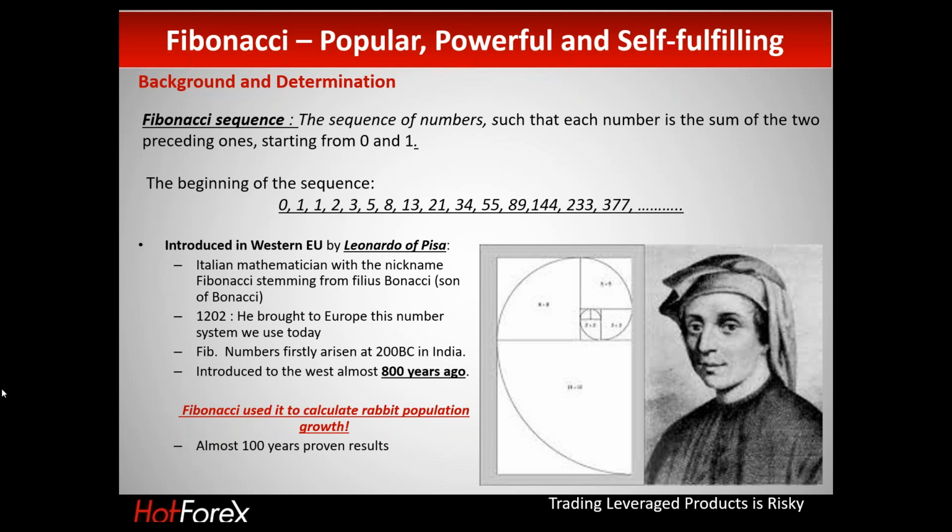Rabbits never die, and a mating pair always produces one new pair every month. So this is how we initially see the Fibonacci cycle being published and appearing for the very first time, with the estimation of rabbit population.